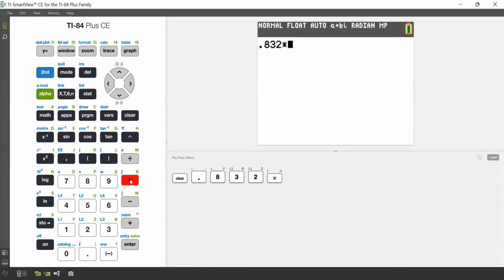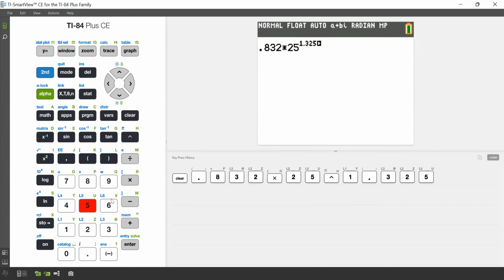0.832 times 25 to the 1.325. Okay, and we get 59.2098, which I'm going to write down, and then we'll look at how they want us to round it off. 59.2098.